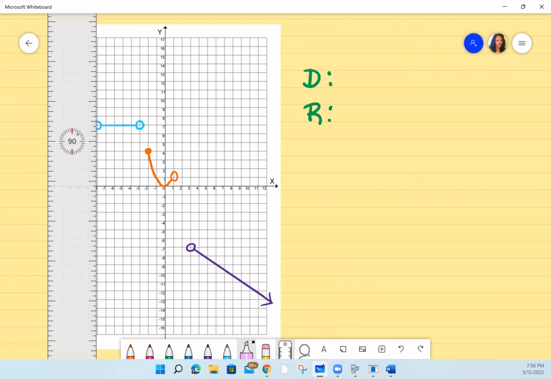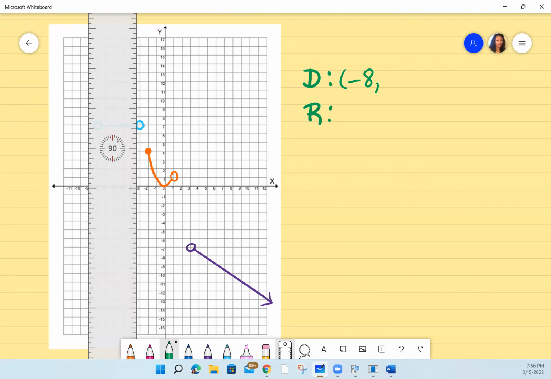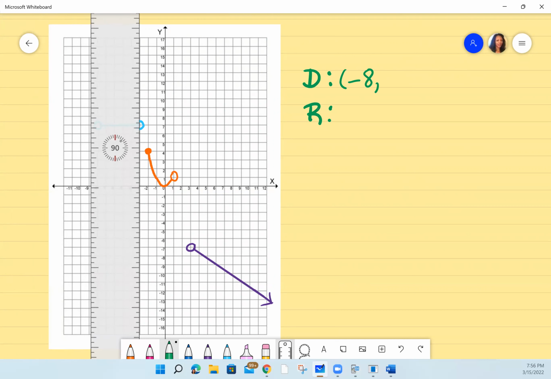But I look at my circle and it's open. So I know that I can't include -8. And I can keep going on my x-axis until I get to -3. And again, -3 has an open circle, so I would not use brackets. Now, for domain and range, you do use brackets if it's included.